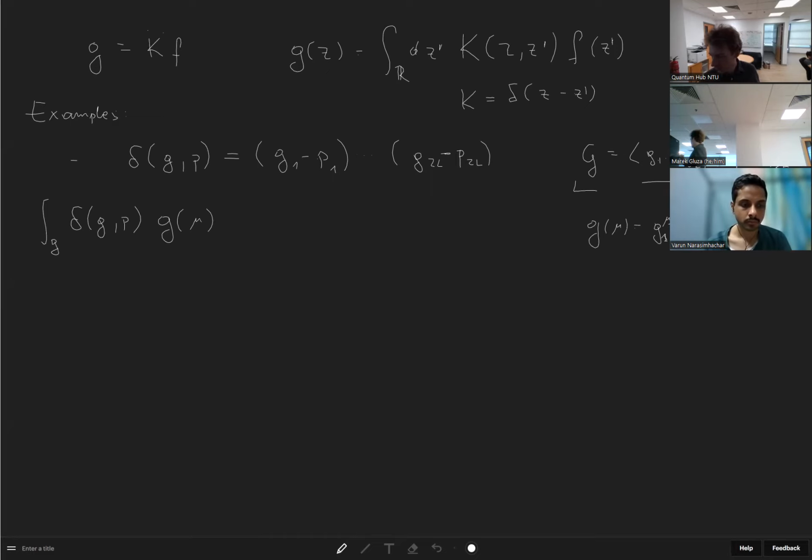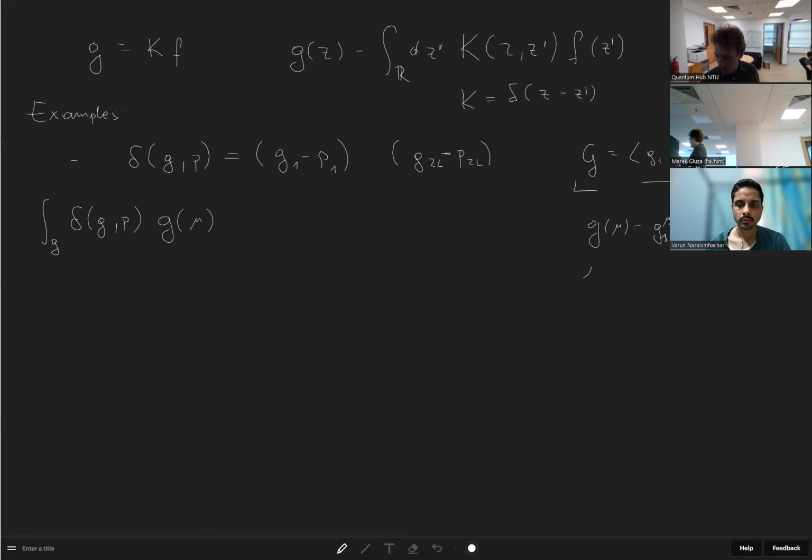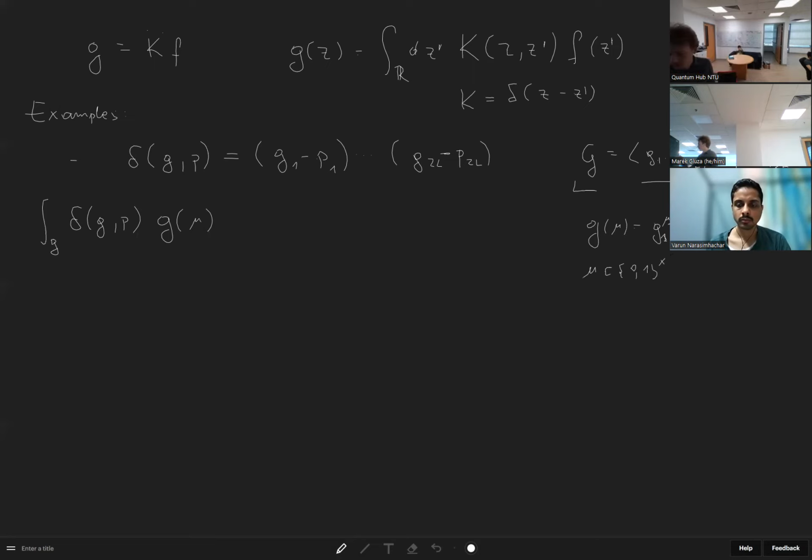So it goes until G2L, and then mu 2L, and mu is from 0, 1, a binary string here.